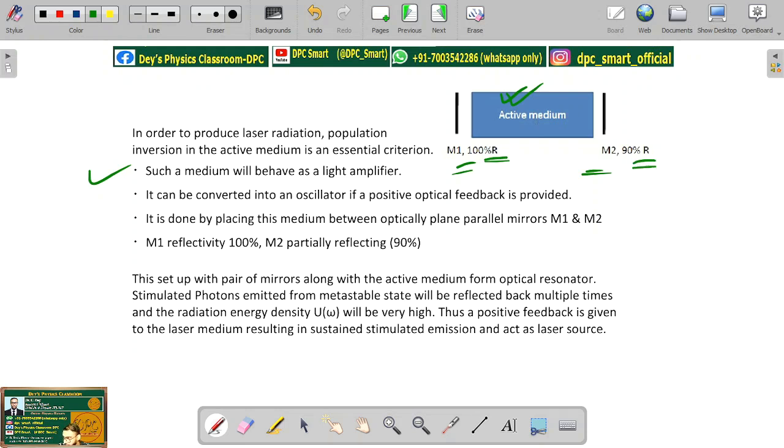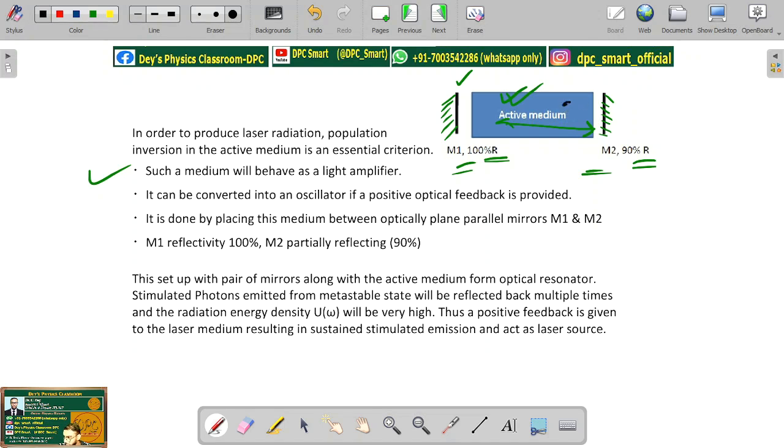So the active medium is placed within two optically plane parallel mirrors M1 and M2. So these are two mirrors and the active medium is placed in between them. The stimulated emitted photons which are generated within this active medium will be reflected back and forth within these two optically plane mirrors.